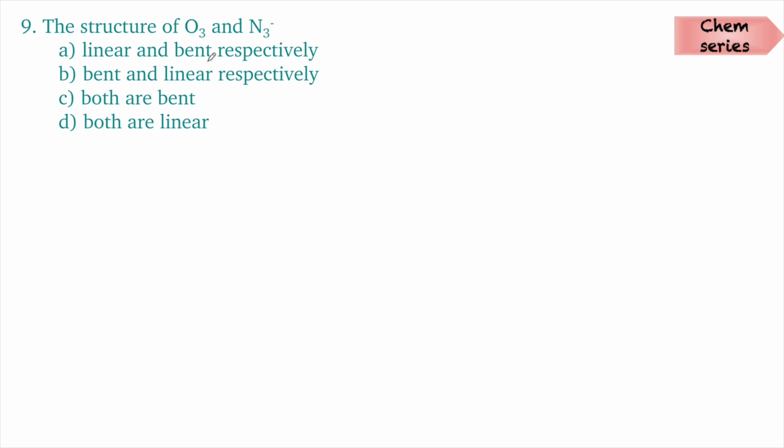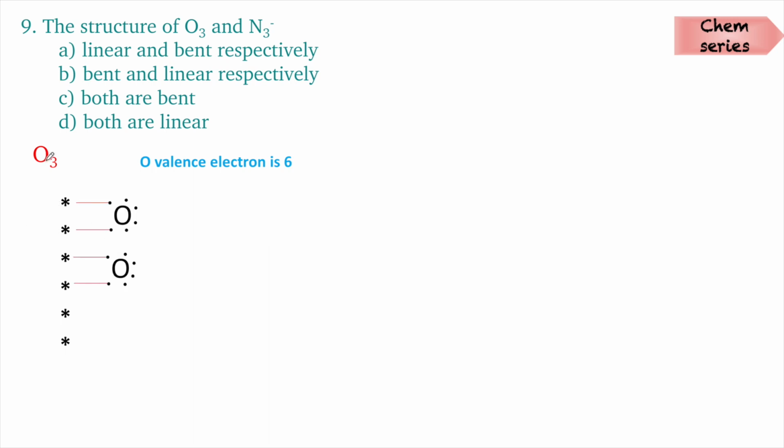The structure of O3 and N3 minus are linear and bent respectively, bent and linear respectively, both are bent, and both are linear. So first we will take O3. It has 3 oxygen atoms. One of the oxygen will be your central atom and its valence electron is 6. Okay.